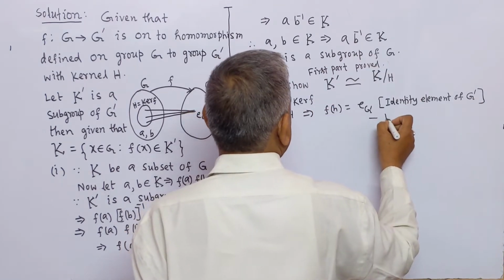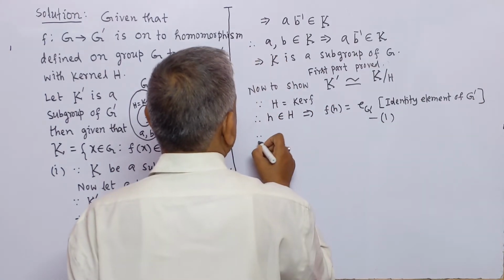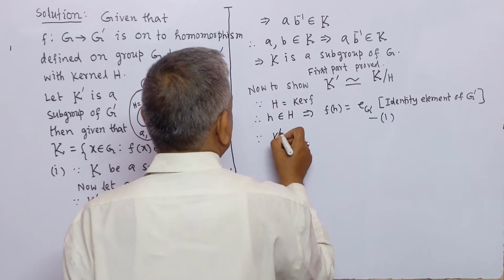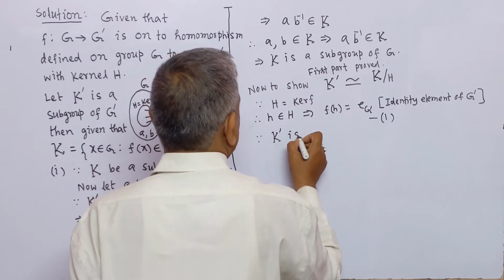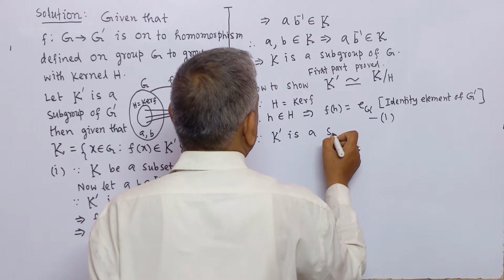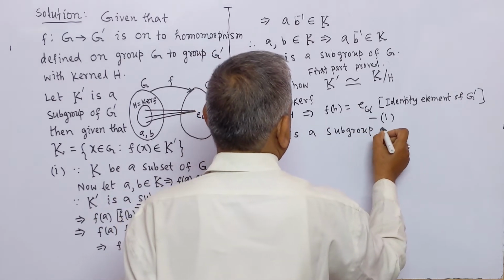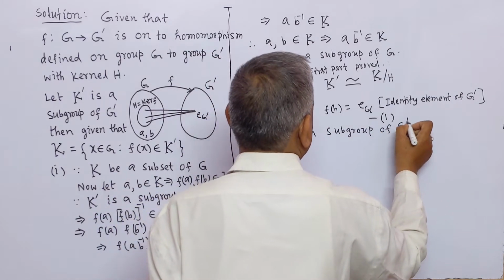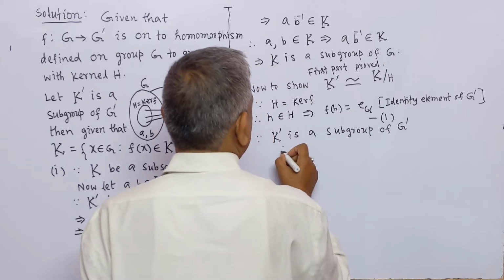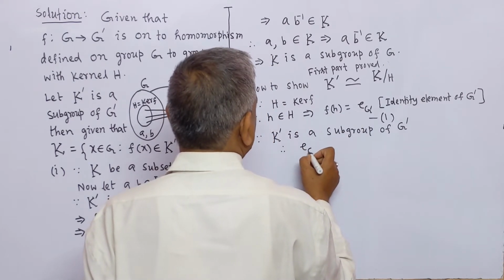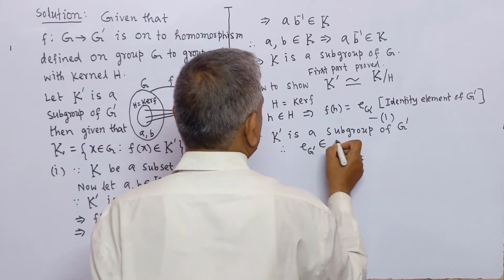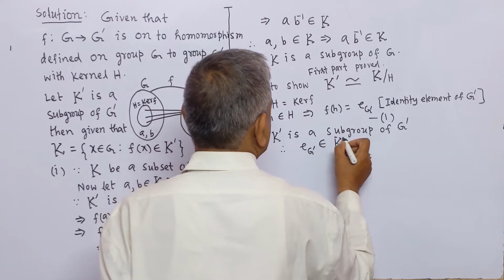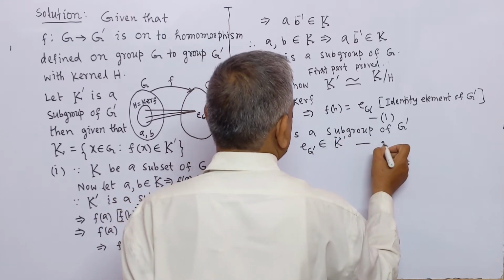Let this be number 1. Since K prime is a subgroup of G prime, therefore the identity element e_G prime belongs to K prime. This is number 2.